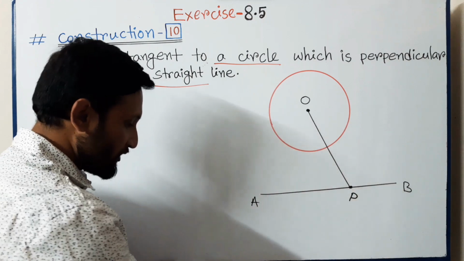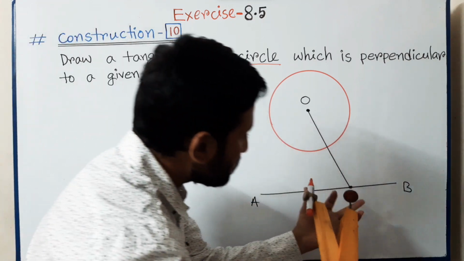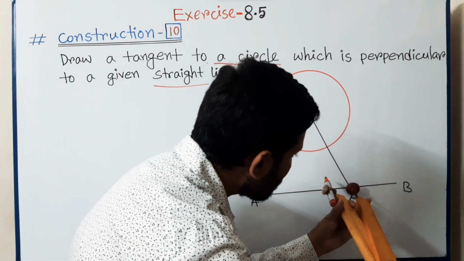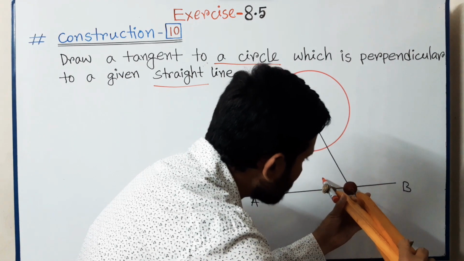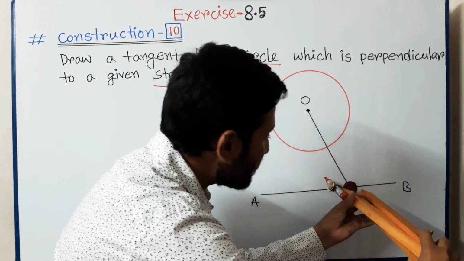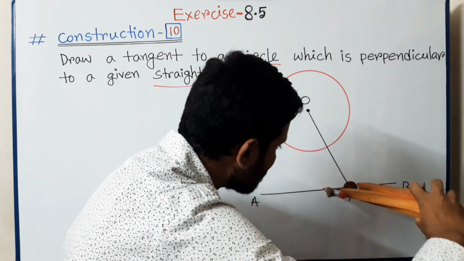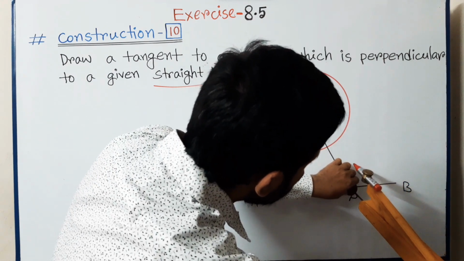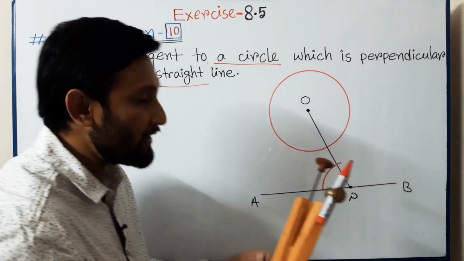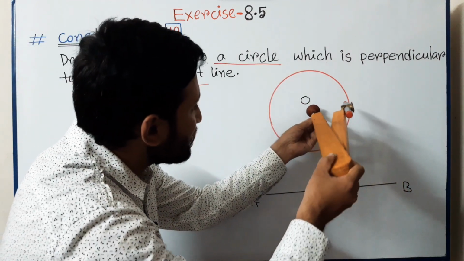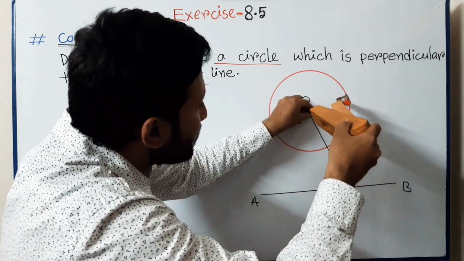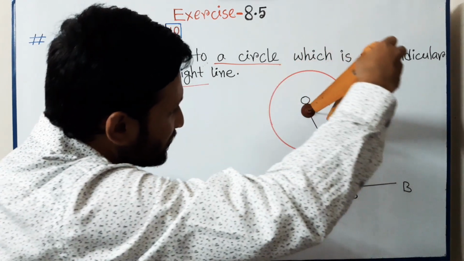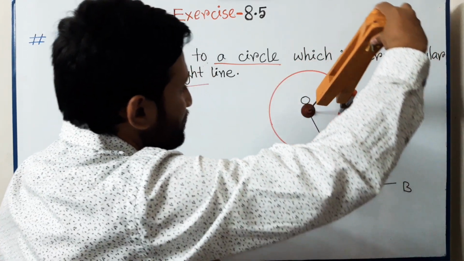So at first set the compass on the point O, and in any measurement draw an arc. In this same way, set the compass on O and draw this arc also here.